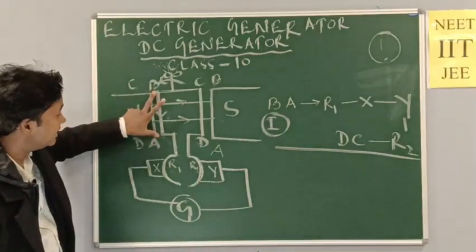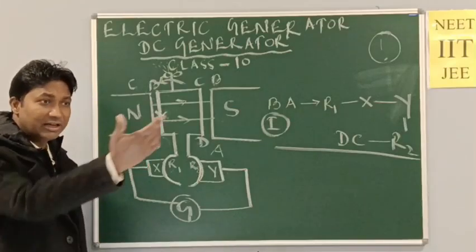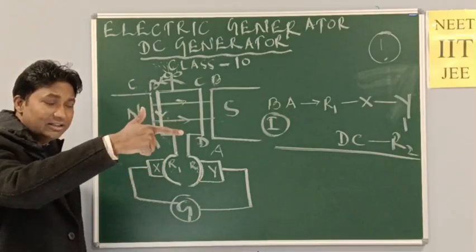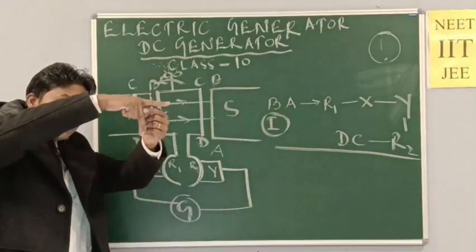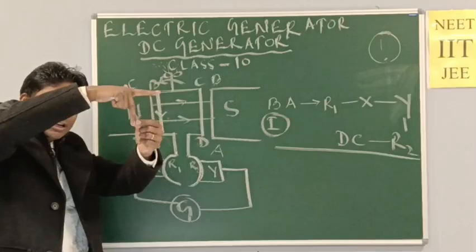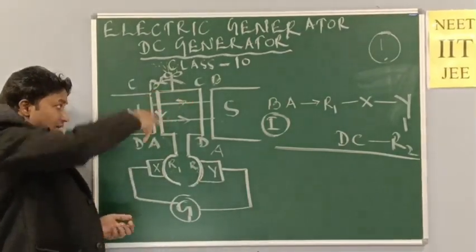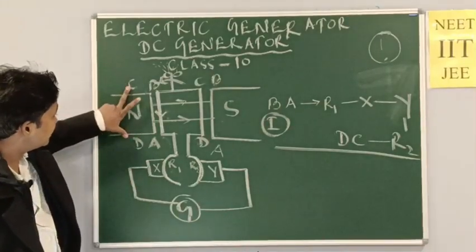Suppose this is CD and CD rotates anti-clockwise. Then the CD arm goes inside. This is the central finger, this is the forefinger for the magnetic field, and this is the current. In the arm CD, the direction of current is what? Downward, like this. Then what should we write here? See here. This is CD.